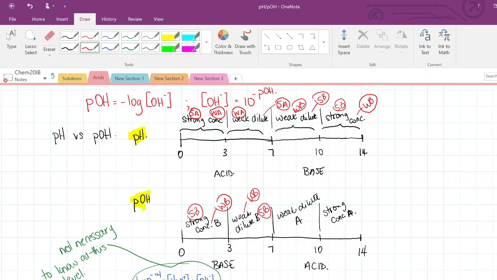If we've got a pOH of 7 to 10, this could be a weak acid or a diluted strong acid. And if you've got a pOH of 10 to 14, this could be a strong acid or a concentrated weak acid.